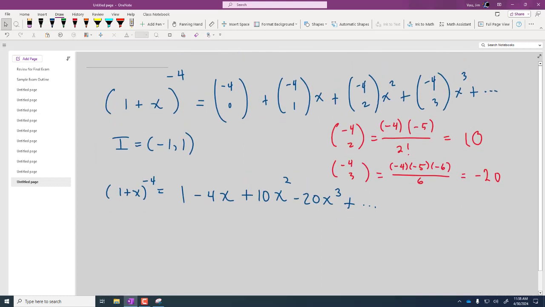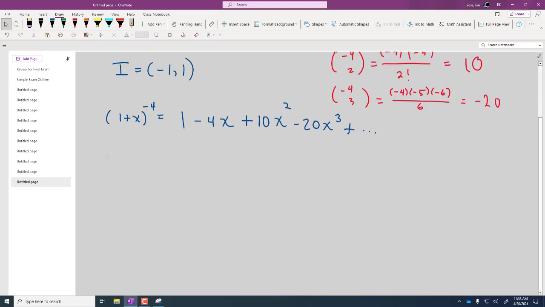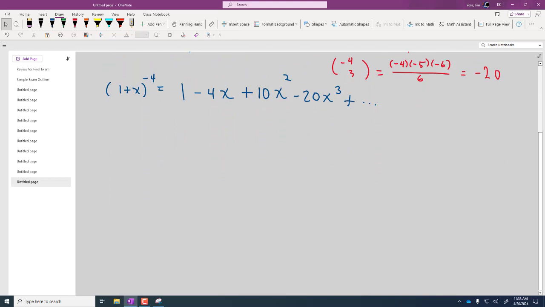This is what the a sub k's look like, but we don't have a generic formula. So it would have to be a term really close to the front, even lower than a 10, so that's like 100.